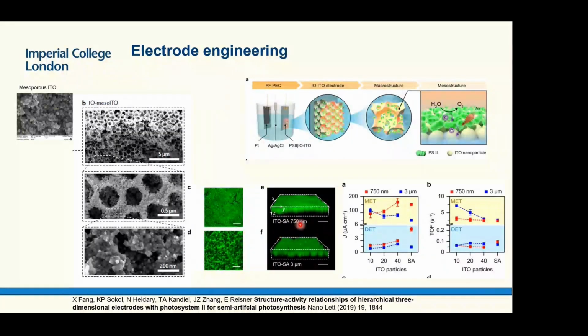But if instead they use slightly smaller pores, in this case 750 nanometers, then they get a nice uniform distribution of the photosystem 2 within these pores. Each pore is still full of photosystem 2, so you're going to have some photosystem 2 directly connected to the surface, some that will not be connected. But if you only look at the direct electron transfer, then you're only going to look at the ones that are practically decorating the surfaces of these cavities.